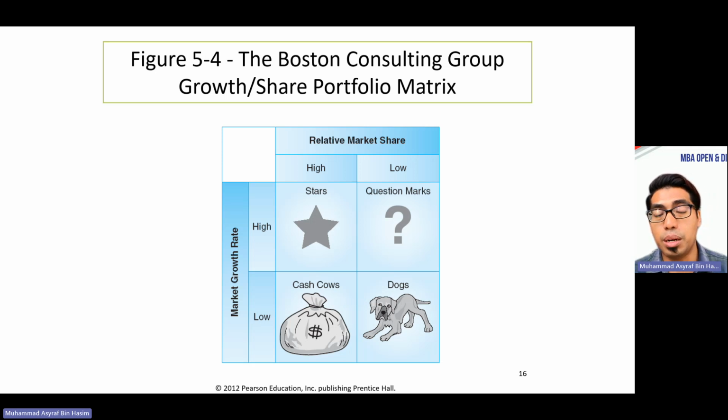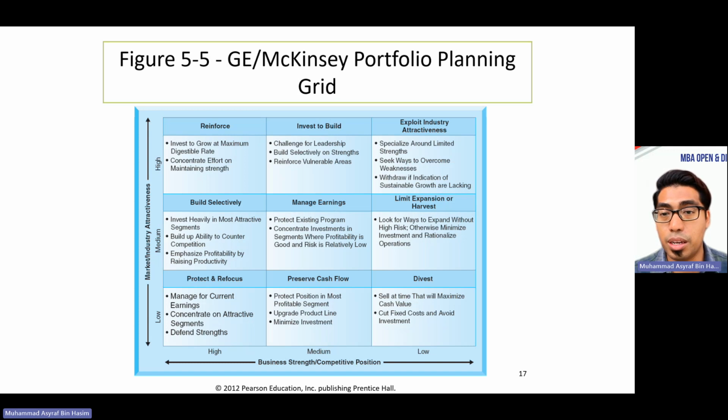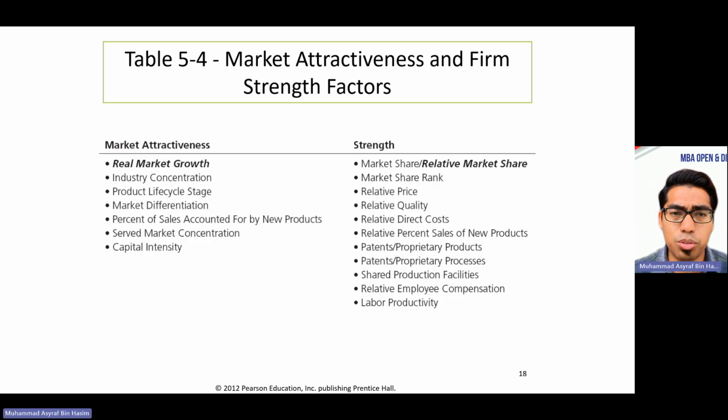This is where you can see the categories of stars, question marks, cash cows, and dogs. This is what we call the portfolio planning grid, which generalizes the two dimensions of business strength and industry attractiveness, to include many more important drivers of strength and attractiveness. Attractiveness includes growth, product life cycle stage, and market differentiation.